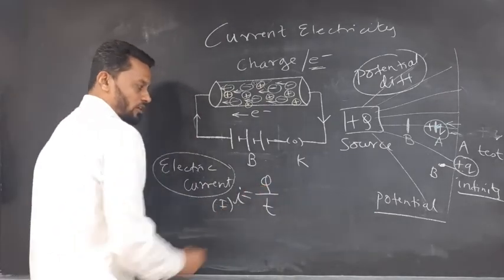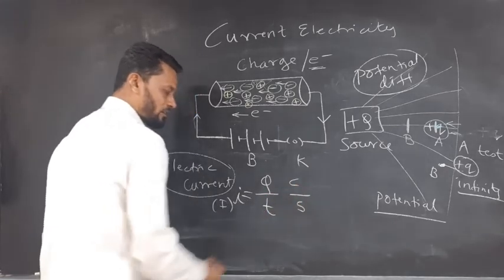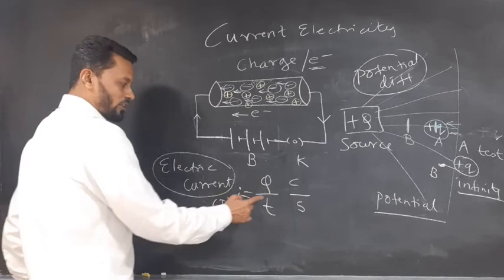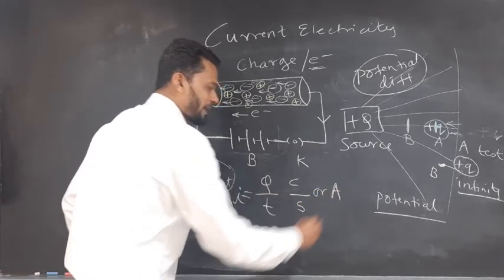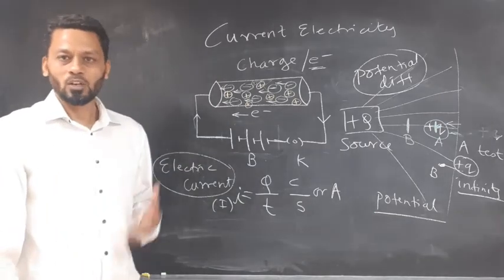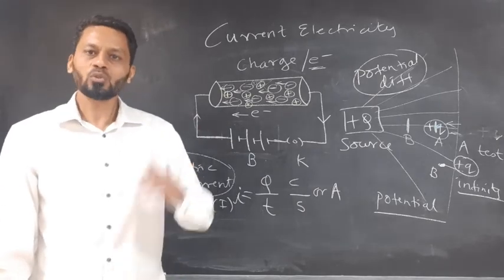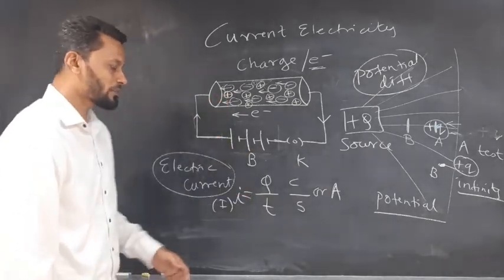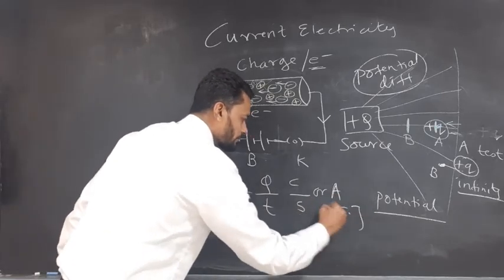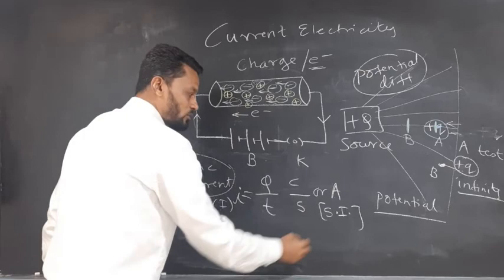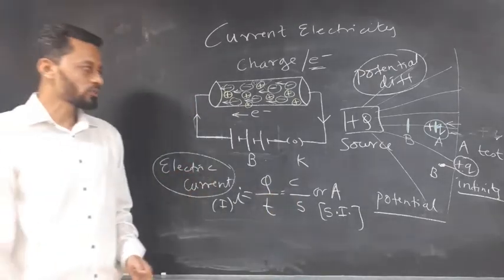Now, charge is measured in the unit coulomb, and time is measured in seconds. So we write the unit of electric current as coulomb per second, or it is denoted as ampere, because the concept of electric current was found out by a scientist, Ampere. So the unit was named ampere, and this can be used as an SI unit, or coulomb per second can also be used as an SI unit.